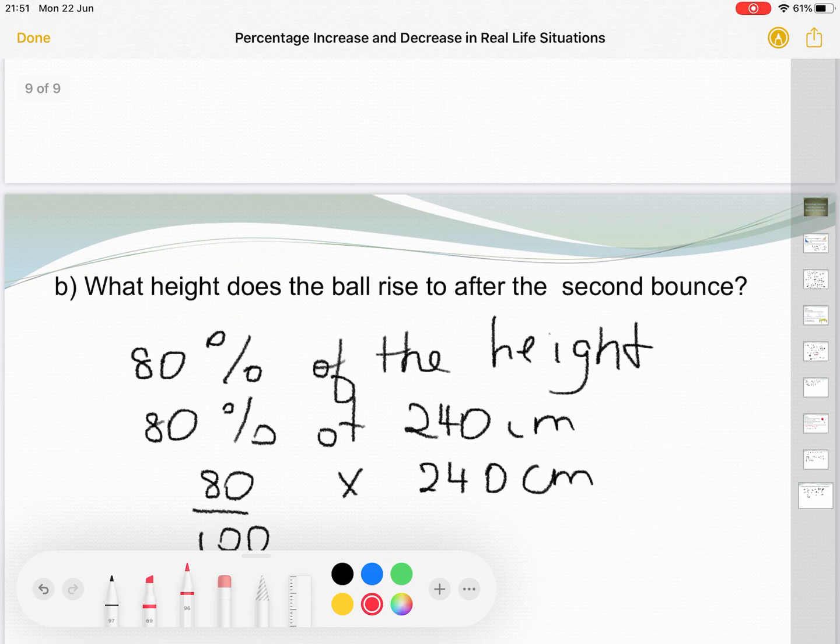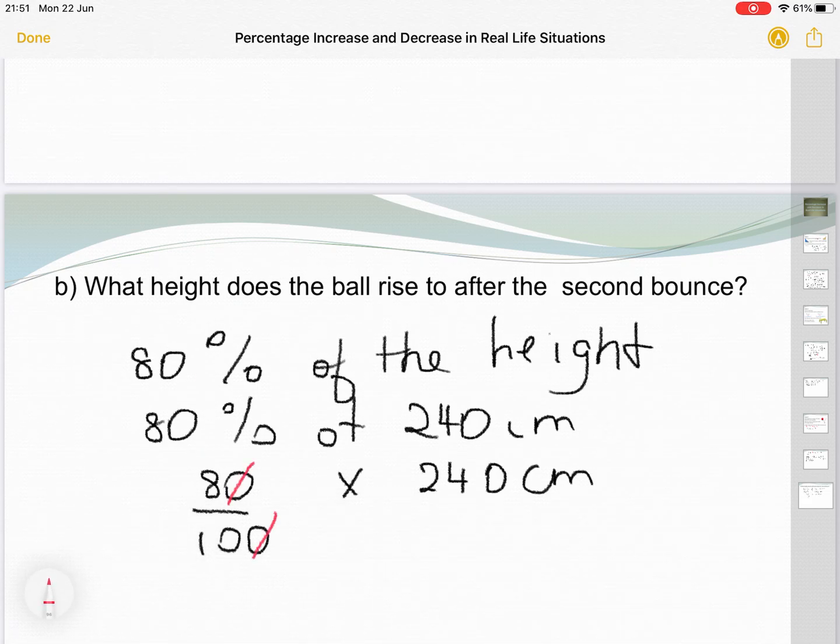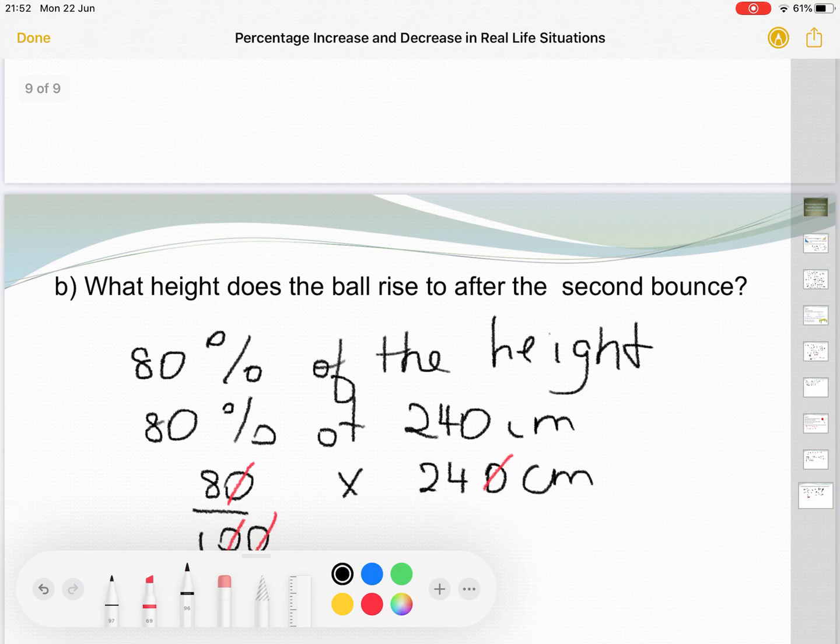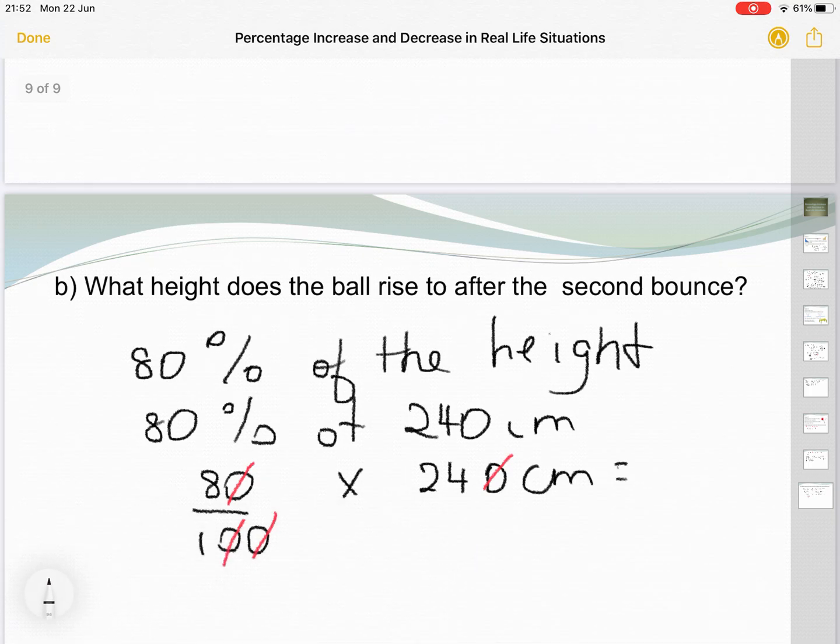Now I can cancel the 0 of the 80 with the 0 of the 100, the other 0 of the 100 with the 0 of the 240, and if I multiply 24 by 8, okay, I end up with 192 centimeters.